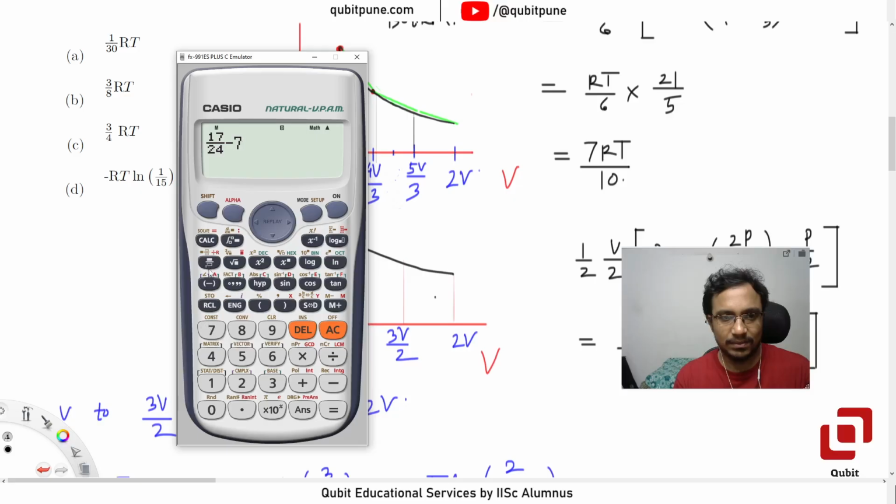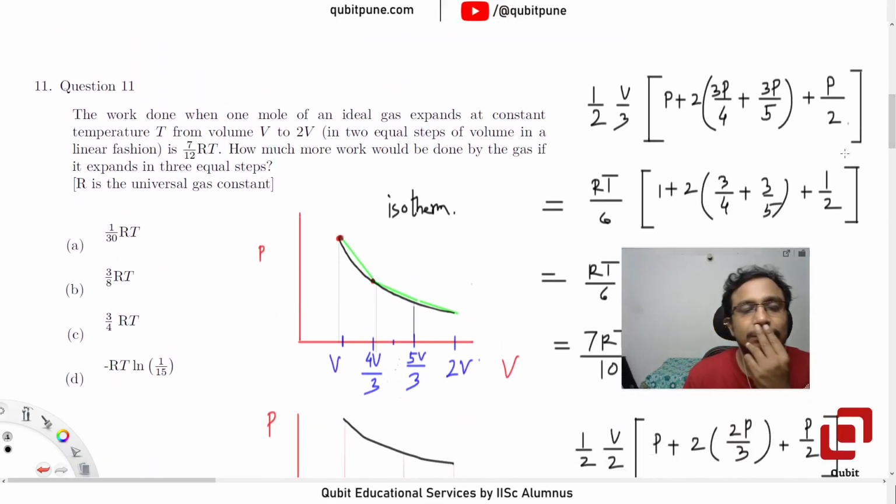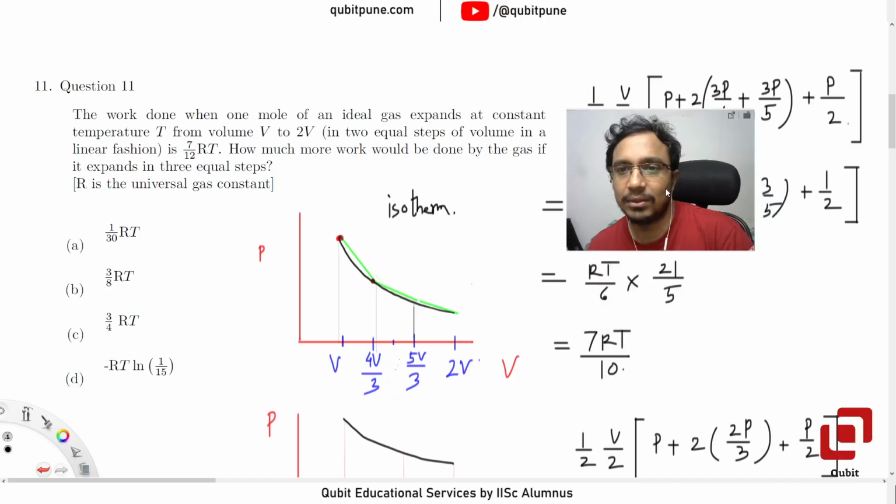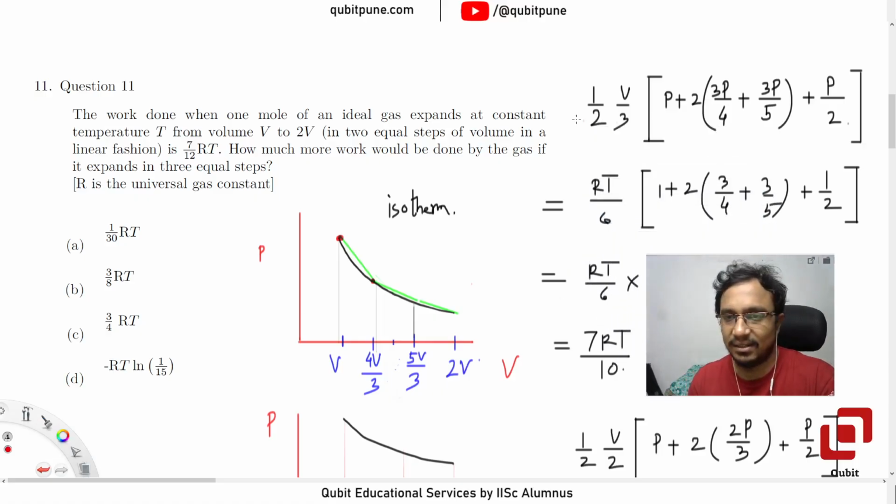Maybe you are missing something. Because our formula is absolutely right, the math is right, the calculation part is right. PV = constant. Maybe we are not capturing the 3 equal steps.